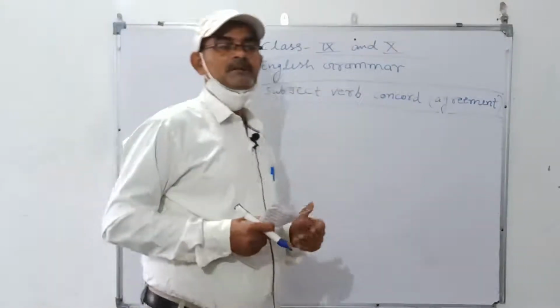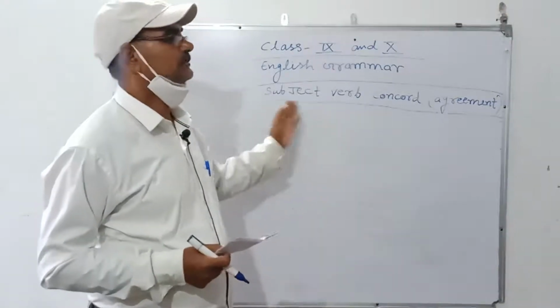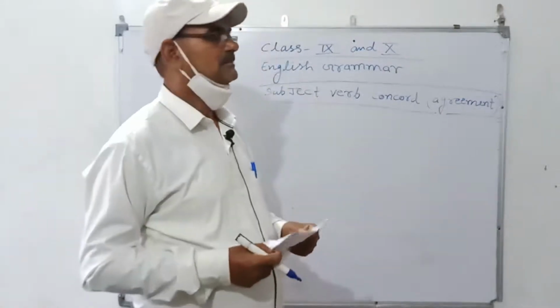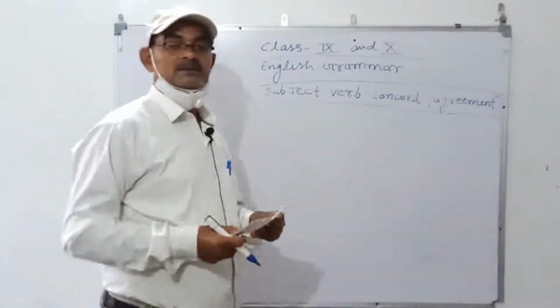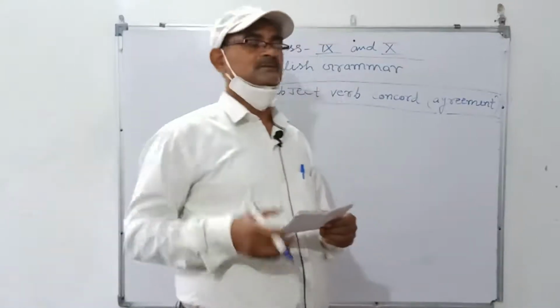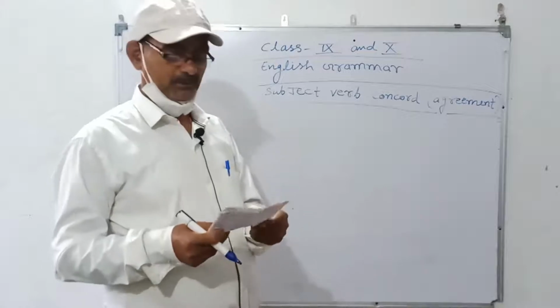सब्जेक्ट वर्ब एग्रीमेंट is one of the most important chapters for you to learn for the basic knowledge of grammar, and for solving the grammar parts of the examination question paper.